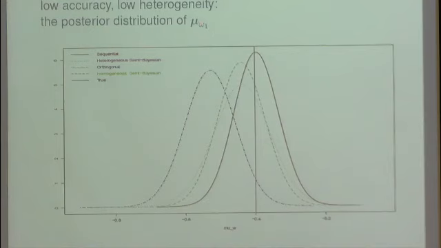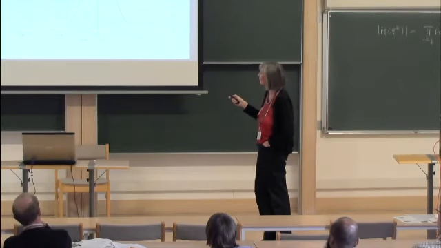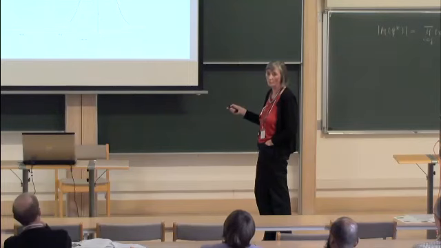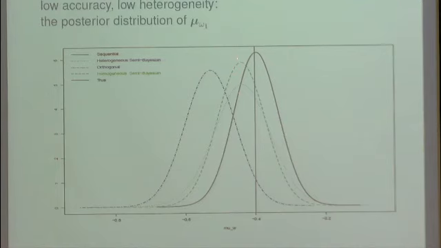And the red one is the posterior distribution we get with our approach. I think it does pretty well compared to, for instance, the orthogonal design, which is really off. And you find the homogeneous and the heterogeneous designs for the conditional logit model. They are both equally bad, I would say. So it seems to work very well.